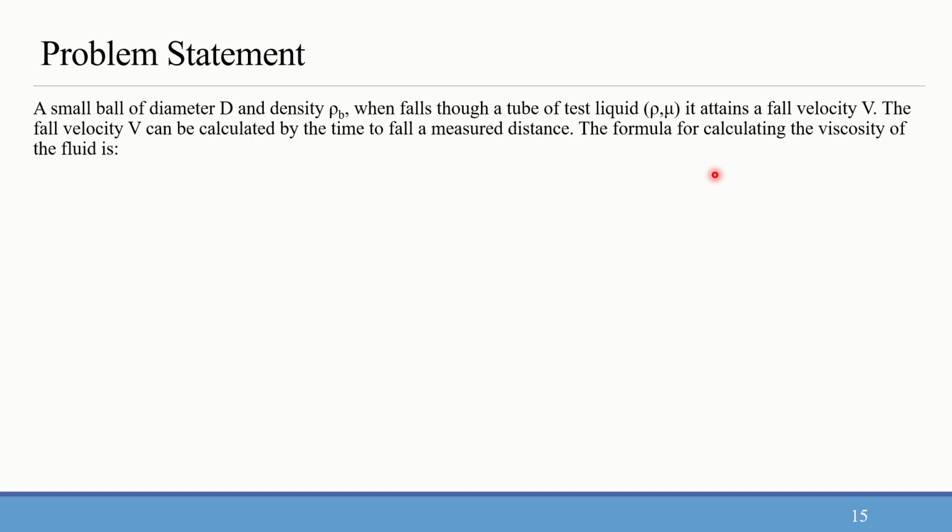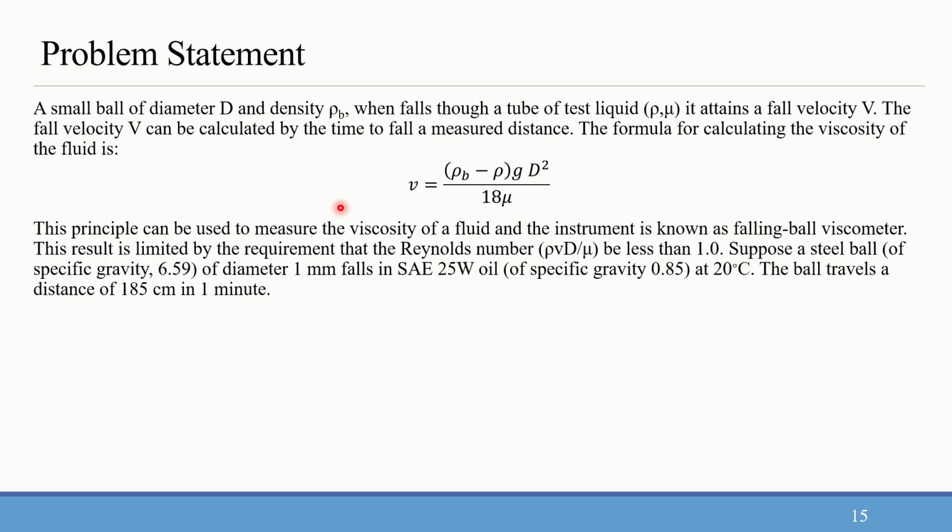The formula for calculating the viscosity of the fluid is V is equal to rho b minus rho into g into d square by 18 mu. So if we take mu to the other side, we can get the viscosity. This principle can be used to measure the viscosity of a fluid, and the instrument is known as falling ball viscometer. This result is limited by the requirement that the Reynolds number must be less than 1.